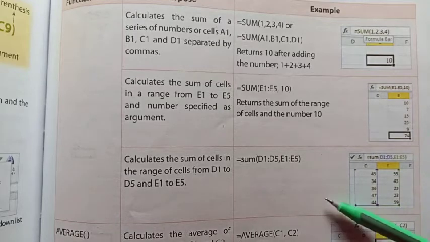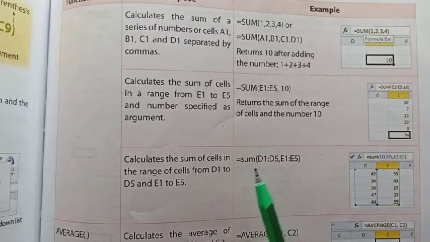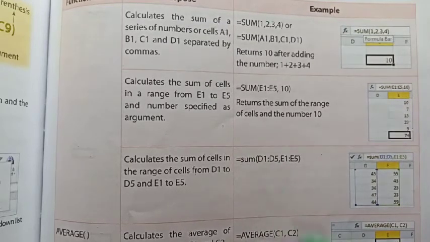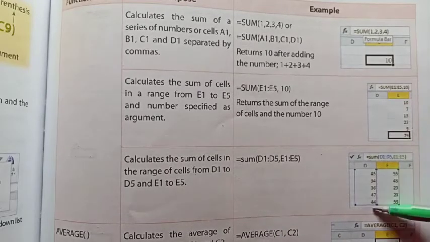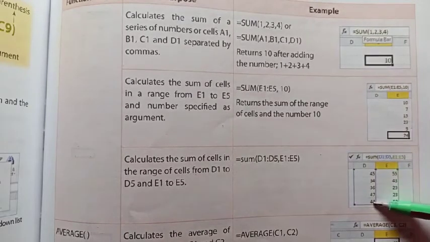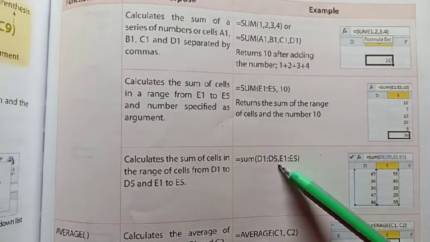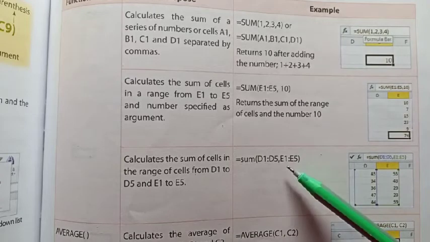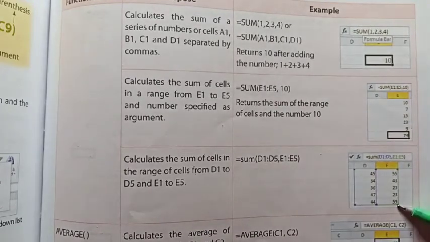In the next example we see that we have given the range =SUM(D1:D5, E1:E5). That means this time D1 to D5 is going to be added. All the values from D1 to D5 are to be added, but after this we have given a comma and written E1 to E5.